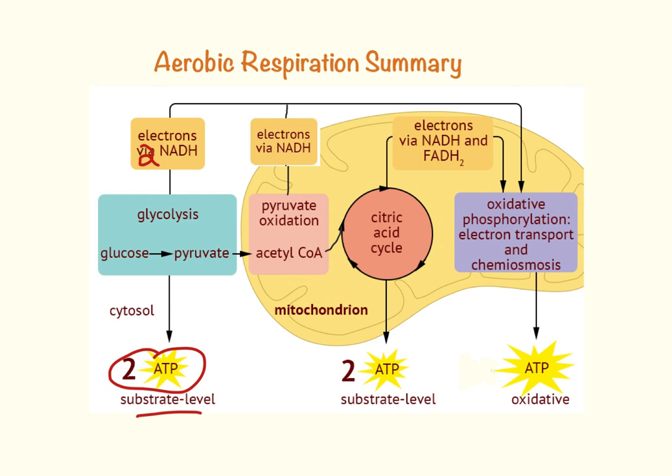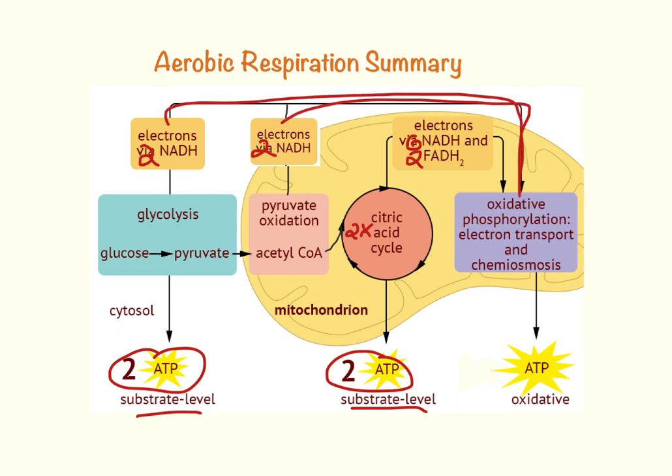The pyruvate was oxidized into acetyl-CoA, and this generated 2 NADH. 2 acetyl groups were oxidized in the citric acid cycle, and this generated 2 ATP by substrate level phosphorylation. 6 NADH were formed, and 2 FADH2. A total of 10 NADH and 2 FADH2 were then shuttled into the electron transport chain to produce ATP by oxidative phosphorylation, which is the electron transport chain in chemiosmosis.